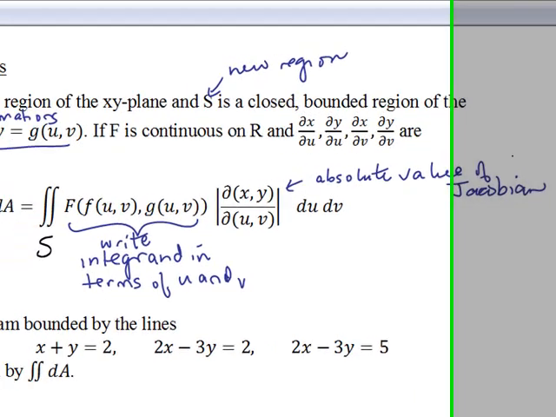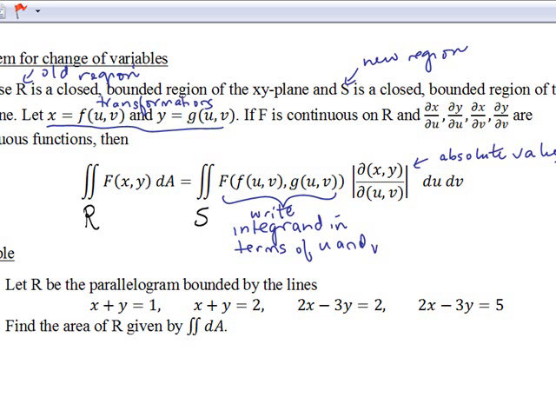All right, so what I'm going to do now, we're going to do a variety of examples, and if you notice in quite a few of the examples, no transformation is given. So I'll show you how to do that. So let's start with number 1.